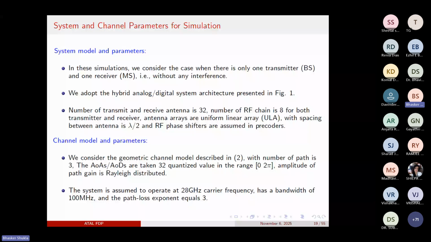I have considered number of RF chains 8, and spacing between antennas is lambda by 2, and here I have taken 32 quantized values for angle of arrival and angle of departure. The system is assumed to operate at 28 gigahertz and has a bandwidth of 100 megahertz. And here I have considered path loss exponent 3.